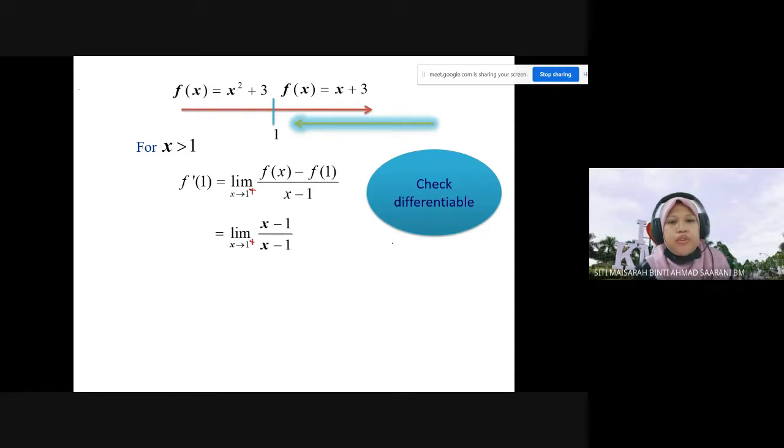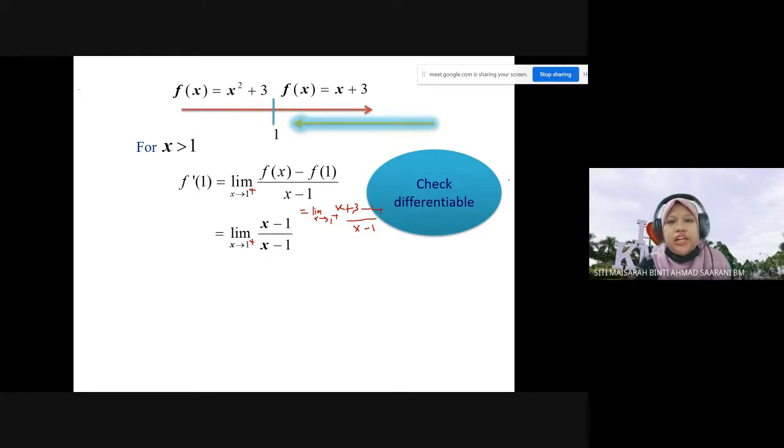Limit x approach 1 from right, x plus 3 minus 4 over x minus 1.